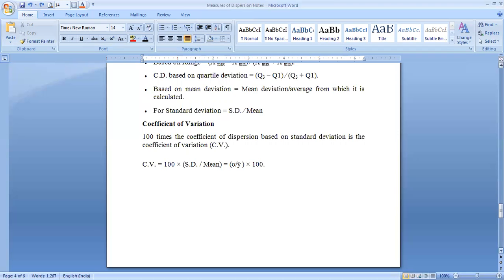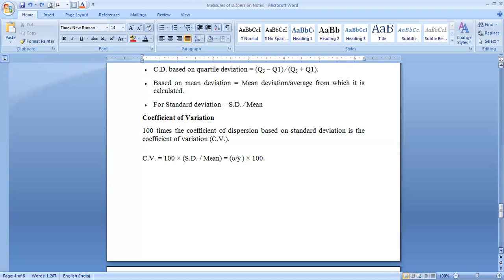Therefore, coefficient of variation is equal to 100 multiplied by standard deviation upon mean. So this is equal to sigma upon y bar multiplied by 100.